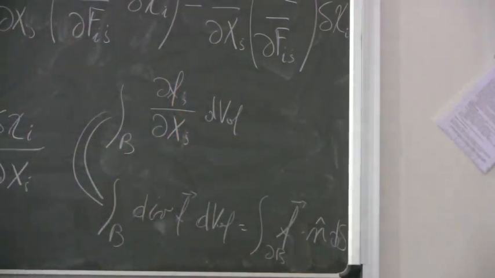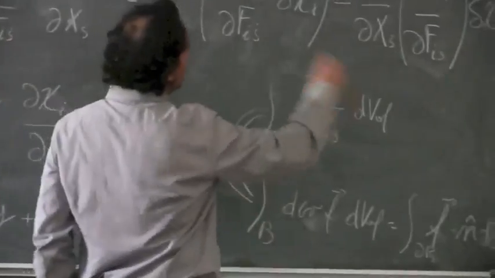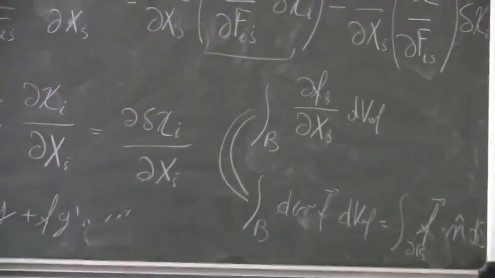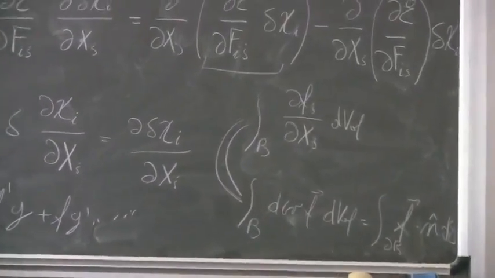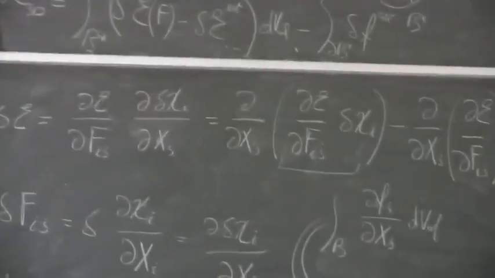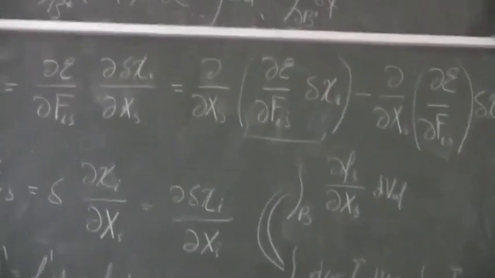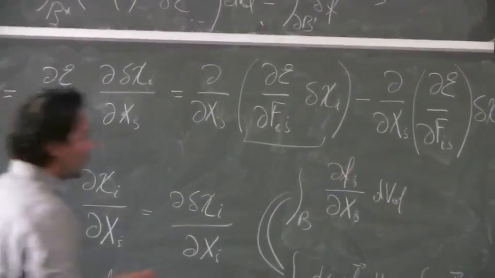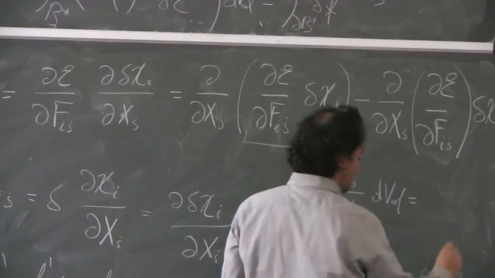We are in the 3D case, so it goes from 1 to 3. And you see that your fj is nothing else than this. Do you have a question? No. And this is equal to this.